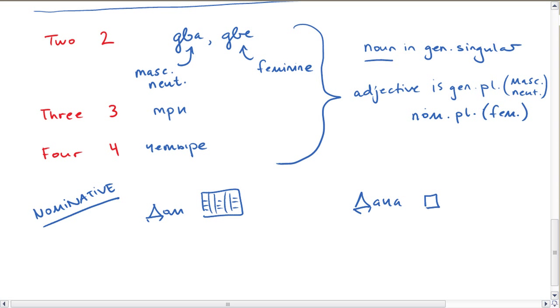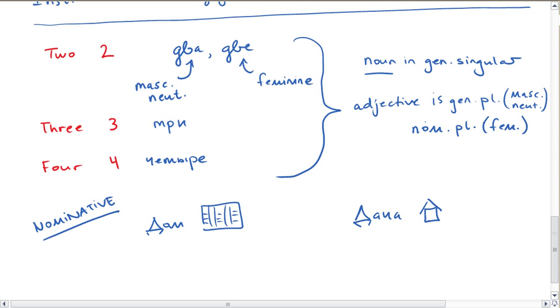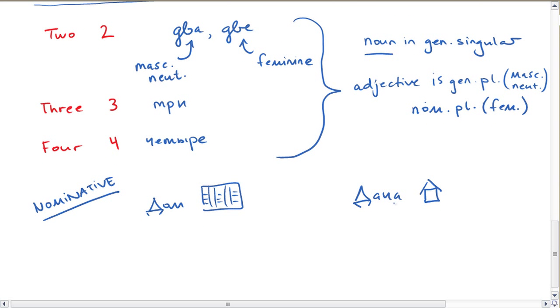So a cute little structure out in the countryside, a little country house. Okay, so we've got a masculine noun and a feminine noun. Now let's just use some numbers. So dva, because it's masculine, bolshikh doma, or 3-4 bolshikh doma.